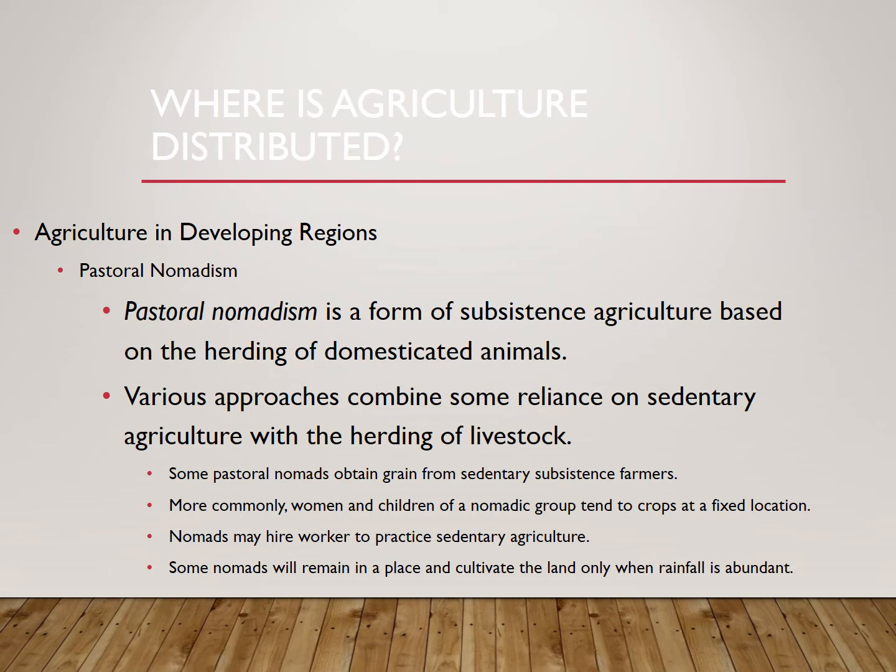Some pastoral nomads obtain grain from sedentary subsistence farmers. More commonly, women and children of a nomadic group tend to the crops at a fixed location, while the men take the animals. Nomads may hire workers to practice sedentary agriculture, or some nomads will remain in a place and cultivate the land only when rainfall is abundant. So there's lots of different ways. There's not one particular form of nomadism that these people have to prescribe to.